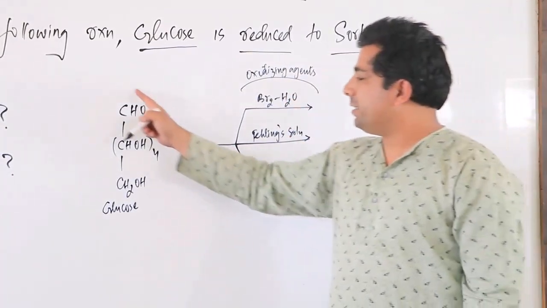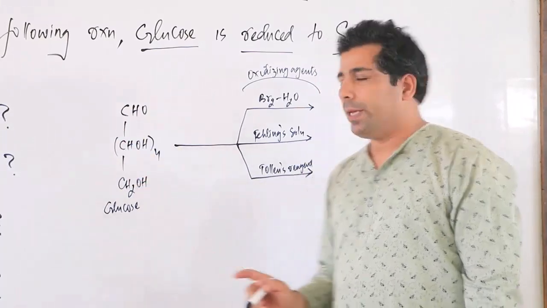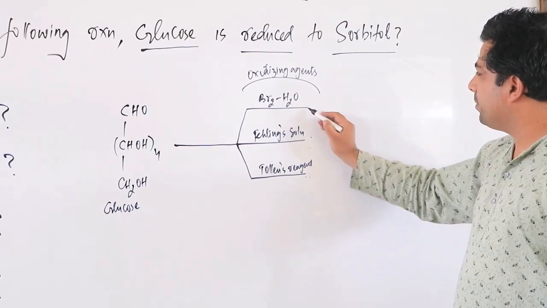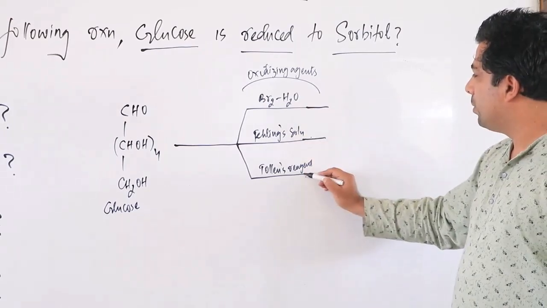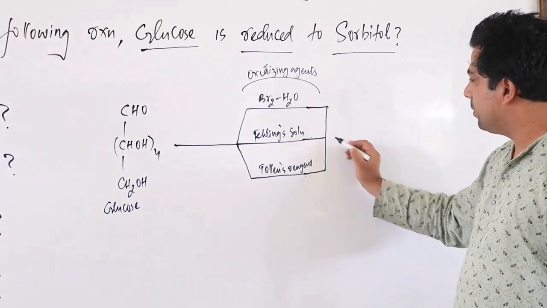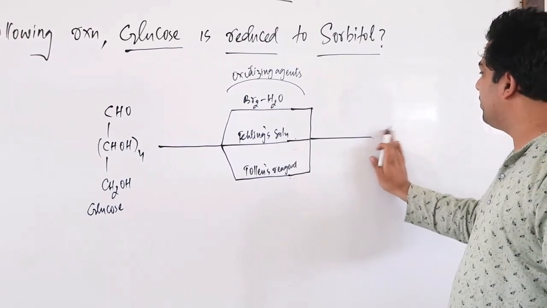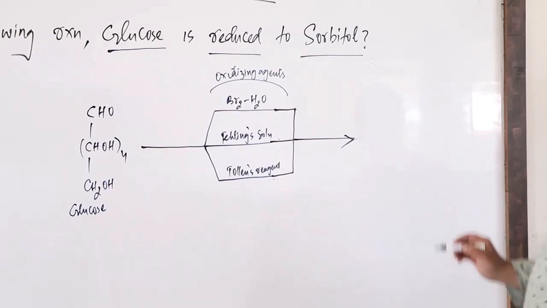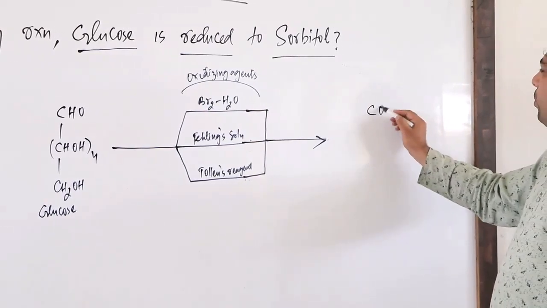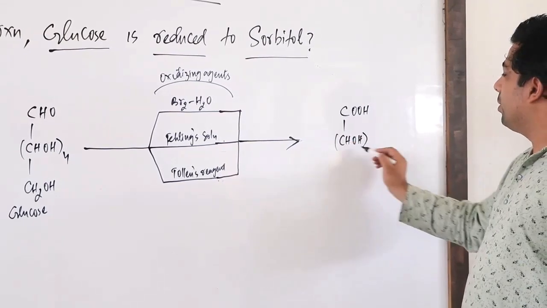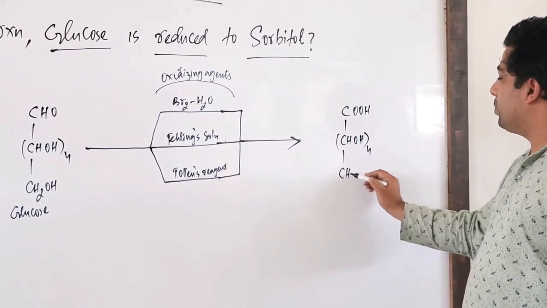They will oxidize the glucose into gluconic acid. So all of them will oxidize the glucose to gluconic acid. So I will be getting here COOH, CHOH 4 times CH2OH.